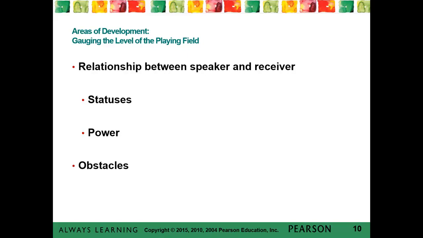And so when we are communicating with people, we need to understand that often we are serving as the primary speaker and the receiver. And depending on your status or your power, it can have real influence as to whether or not people feel empowered enough to communicate back to you in a way that makes sense.